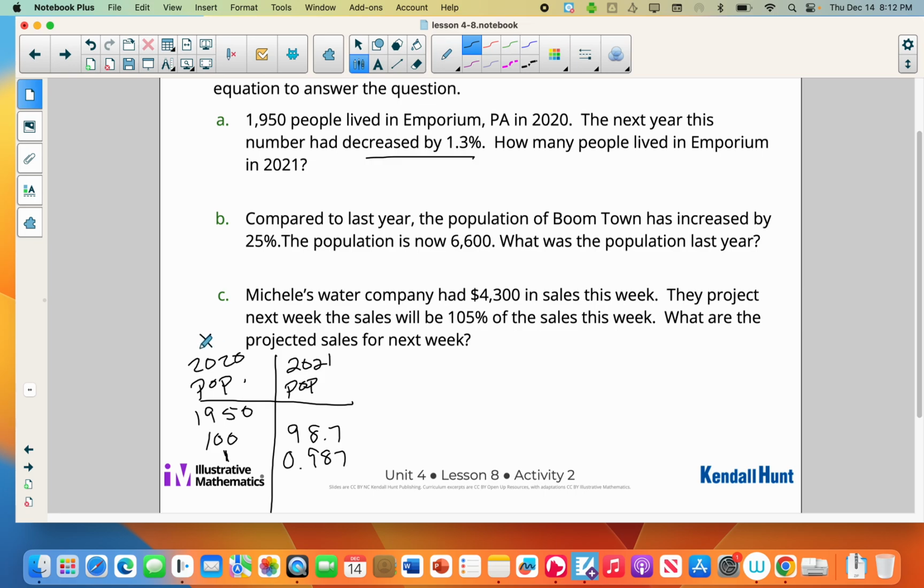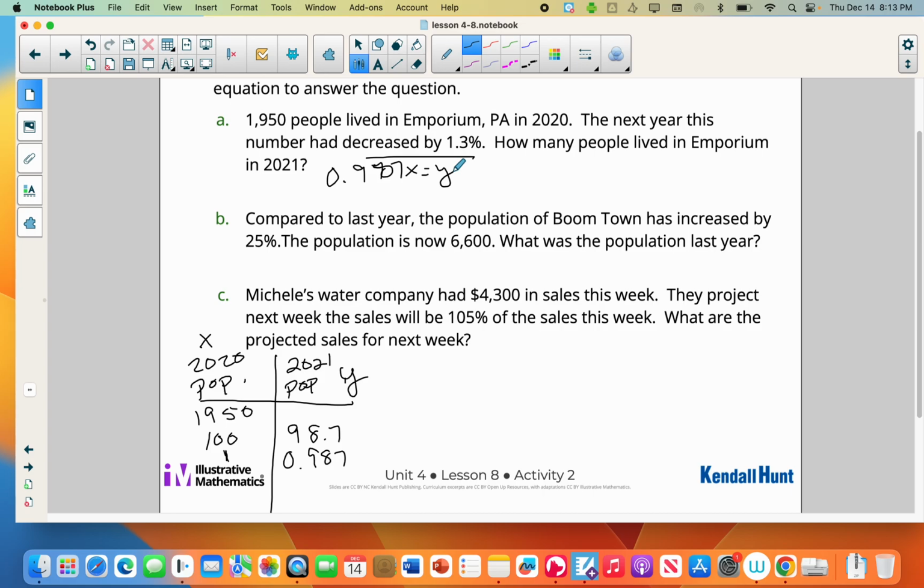So to write the equation, I'm going to let 2020 be x because that's what comes first. I'm going to let the 2021 be y. So we have the equation 0.987x equals y. Now we know the 2020 population, and that's my x value.